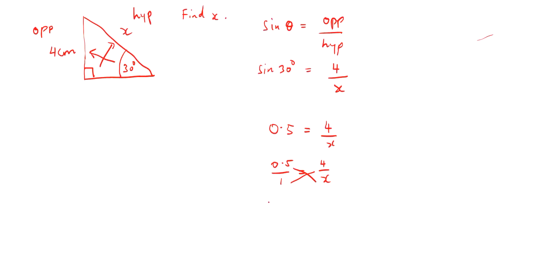So I'm going to take 0.5 multiplied by x, and that will give me 0.5x is equal to 4, and therefore x is equal to 4 divided by 0.5, and that gives me 8 centimeters. Right?